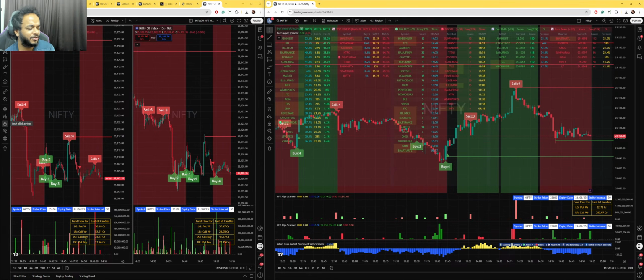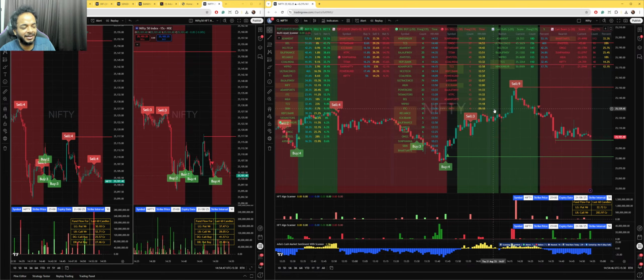So if you're afraid of overnight risk, within intraday itself, every day this is capturing reversals from almost the top or bottom. Sometimes the exact top or bottom, but let's say almost, it's catching reversals, and not only one or two, it's able to catch many reversals every day.